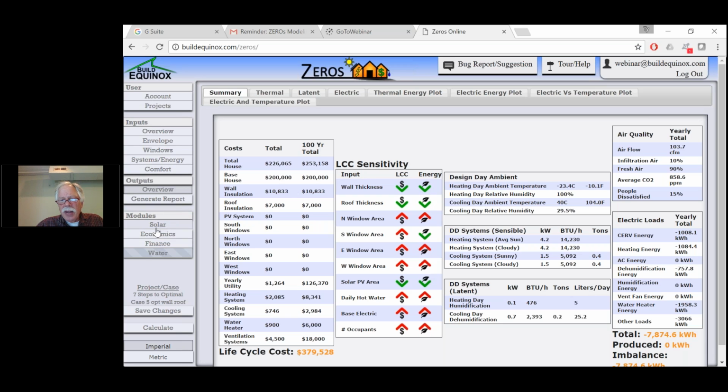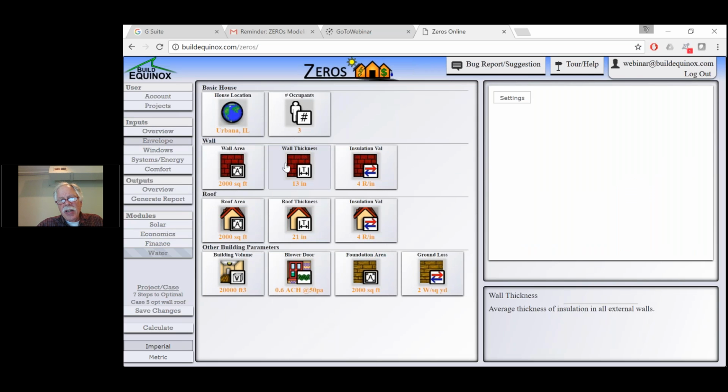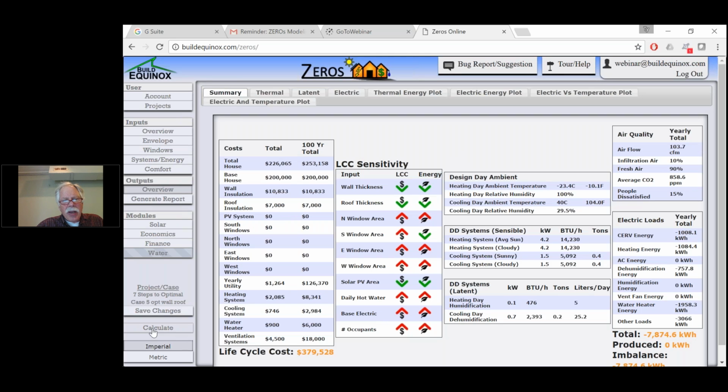And if we look at the, well, let's look at the envelope side. We're at about 13 inches of wall insulation, and we're at about 21 inches of roof insulation. Let's add an extra inch to the wall thickness, and I'll calculate that. Now, wall insulation costs about $5 per cubic foot based on our economic assumptions.